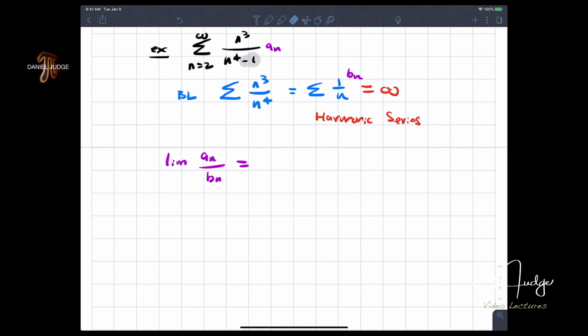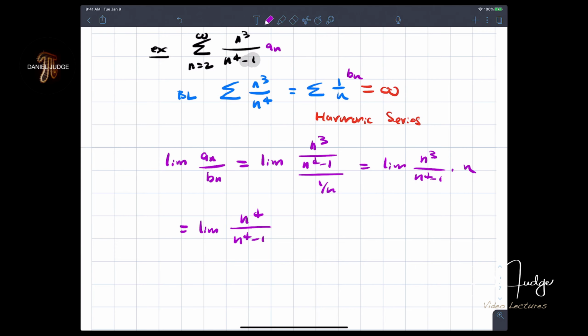Forgot the phrase limit. Very important. Don't do it that way. This gives me the limit now of n cubed over n to the 4th minus 1 times n, which will be the limit now of n to the 4th over n to the 4th minus 1.